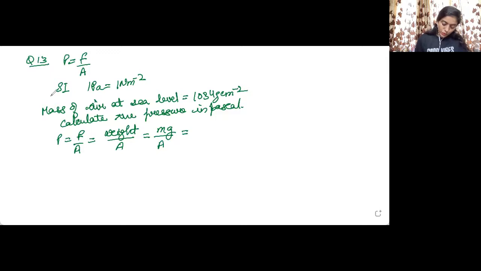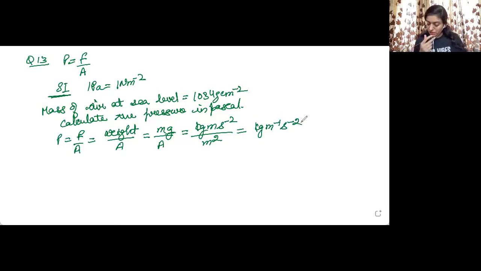Okay, so now we need to find out in SI units. In SI units, mass is kg, acceleration due to gravity is meter per second square, and area is length into length, so it will be meter square. So this will be equal to kg per meter per second square, which is equal to Pascal. We have been given the mass and we need to find out the pressure in pascals.